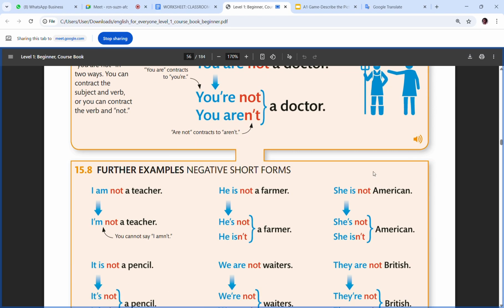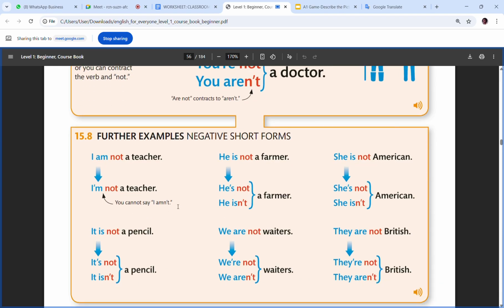So here, for example, we have other ways, right? So I'm not a teacher. I'm not a teacher, right? So this is a big mistake. You cannot say I amn't. This is bad. It's wrong, okay? So you say I am not a teacher, or you say I'm not a teacher, right?